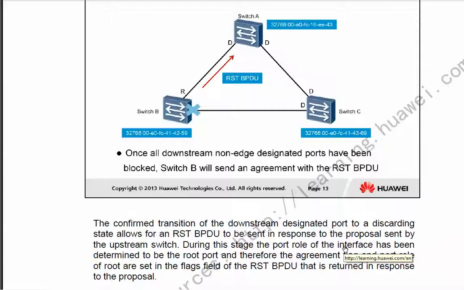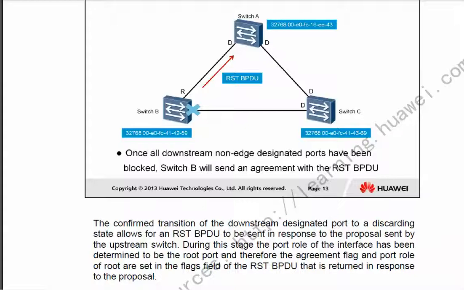So basically, the root switch will send the proposal to say I'm the root. The downstream switch, in this case switch B, when it receives this, checks that the priority of switch A is higher than switch B. So switch B will block all its designated ports, for sure, except the edge port.